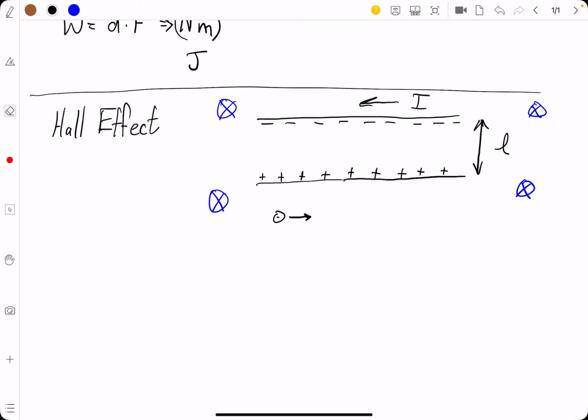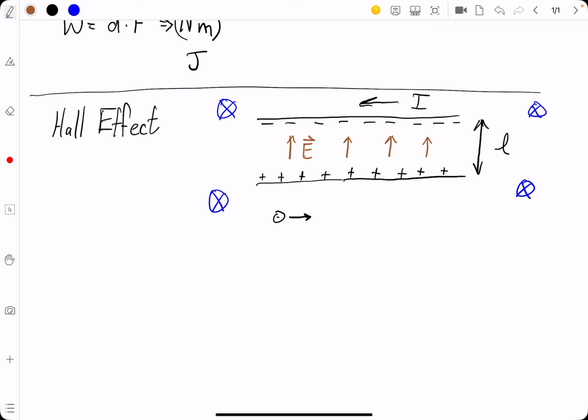And we'll have this thing that develops. Well, what does this create? It creates an E field, okay? And our E field goes from positive to negative. Positive to negative, E field. Just because we have our current flowing in a B field, okay?